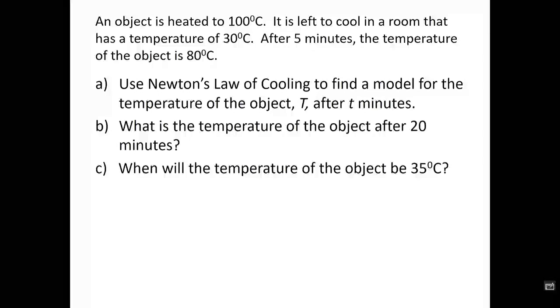It is left to cool in a room that has a temperature of 30 degrees Celsius. After 5 minutes, the temperature of the object is 80 degrees Celsius. Part A, we're to use Newton's law of cooling to find a model for the temperature of the object after t minutes.